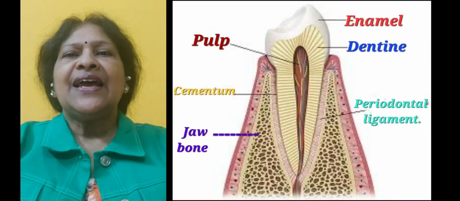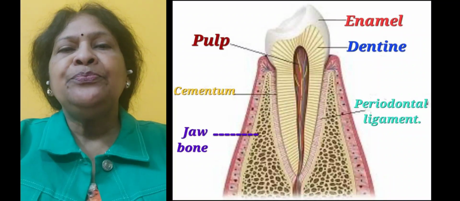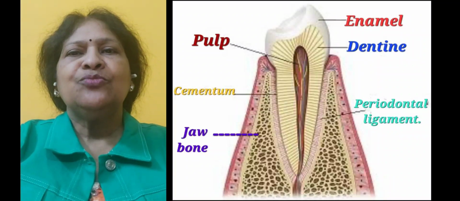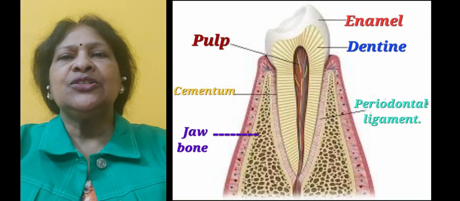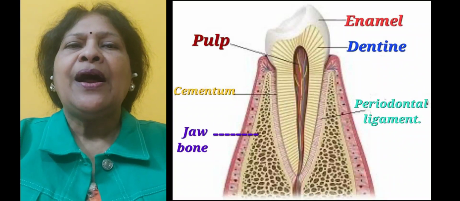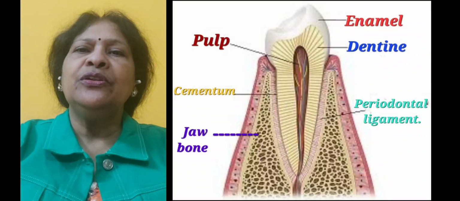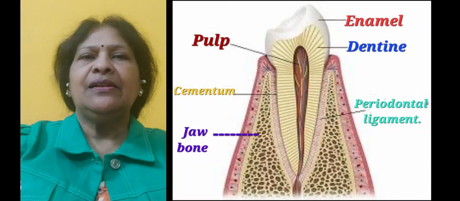This dentine comprises microscopic tubular structures, and they adhere to each other so closely that they make a part which is harder than a bone, but indeed not as hard as the enamel.